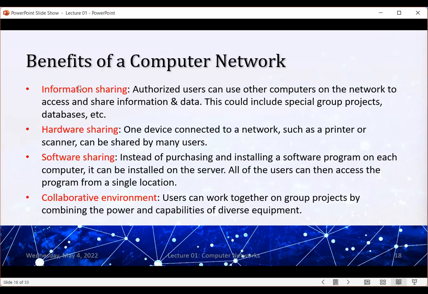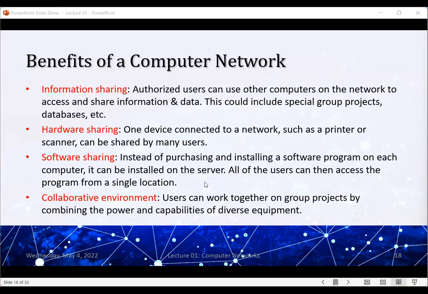Here, the benefits are highlighted. Let's see one by one. The first one is information sharing.